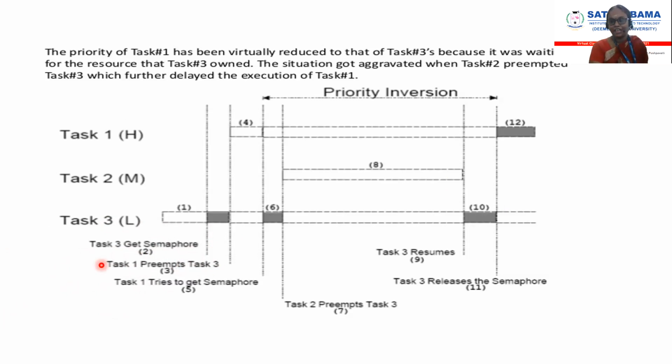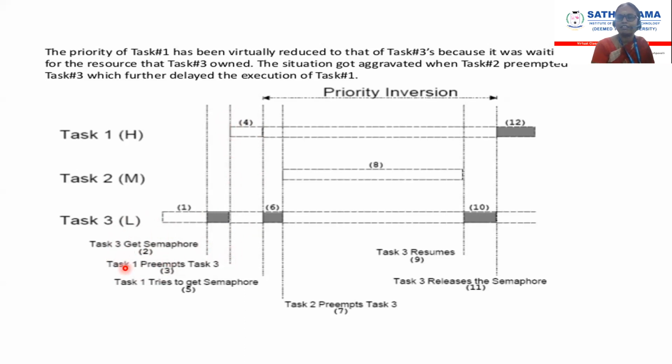Even if task 1 tries to get that semaphore, task 3 is the one holding the key. So task 1 preempts task 2, and now task 1 is involved. Why? Because even though task 3 is the lowest priority, it is handling multiple resources. So it allows task 1 to preempt task 3.